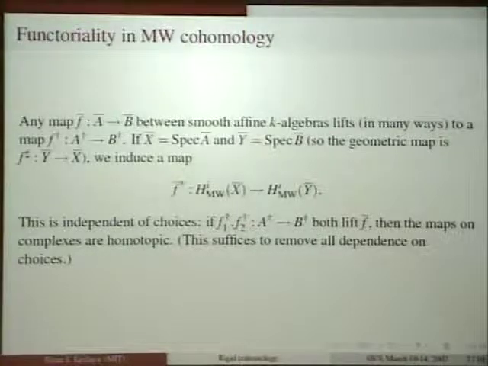You construct a one-parameter family of maps where one specialization is F1 dagger and one specialization is F2 dagger, and you show that all of the guys in that family give you maps in cohomology which are homotopic to each other. So it's really homotopic in the original topological spirit of that word. You're p-adically deforming one thing into another because the two maps are close, because they have the same reduction mod p, and that's where the homotopy at the level of complexes comes from.